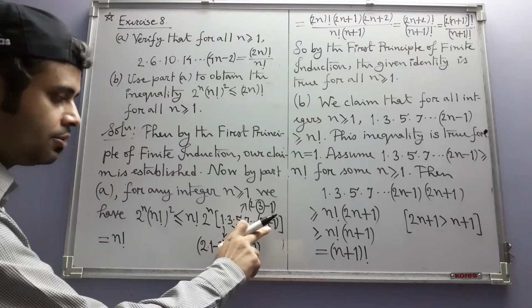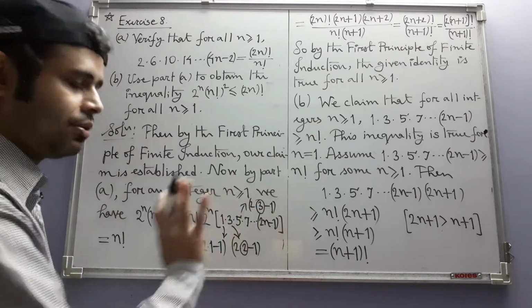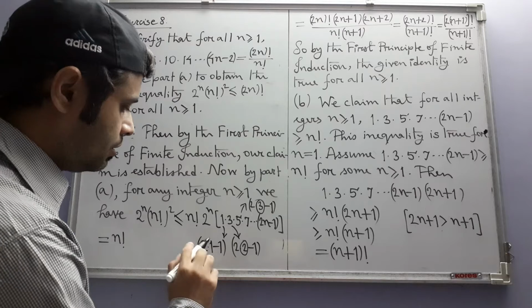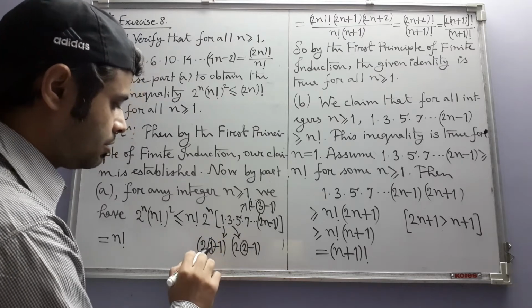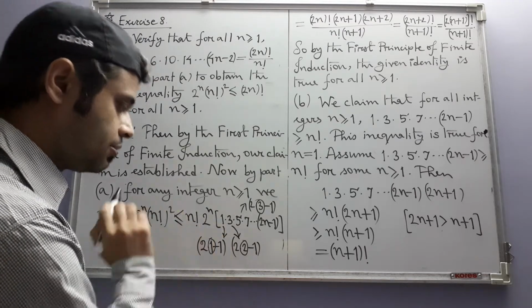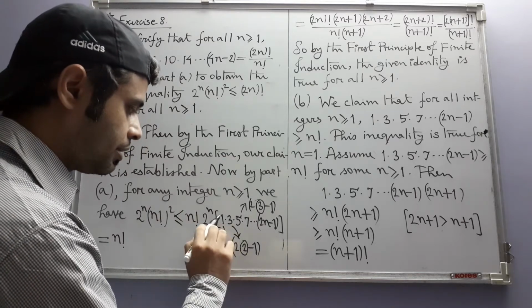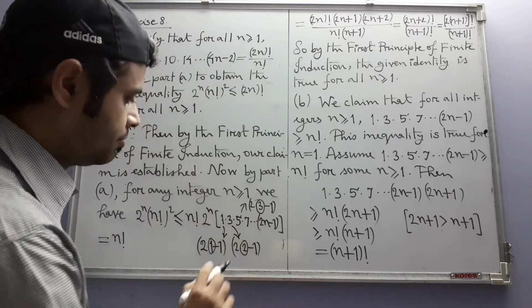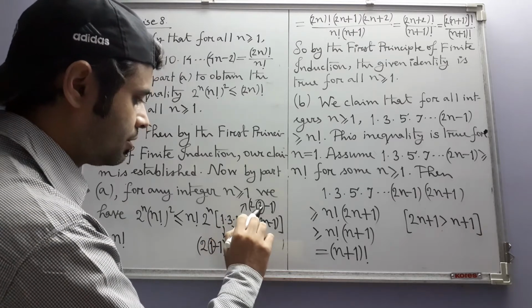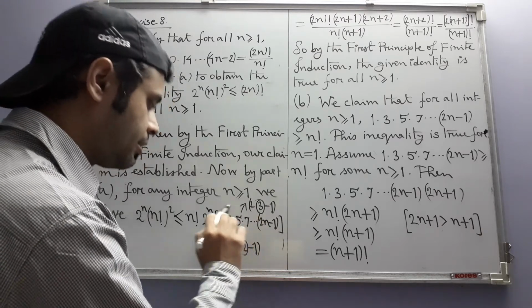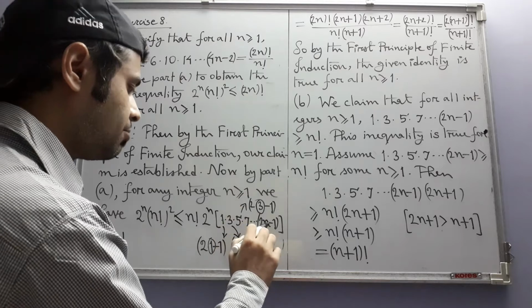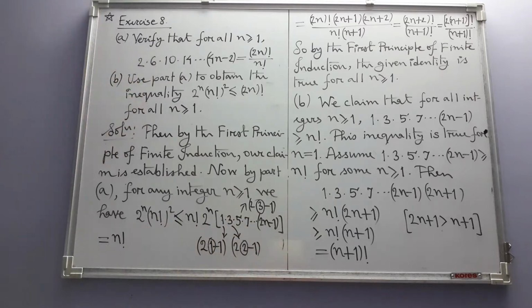So by the time you reach this, you will have n factors, because if you consider only this one, you have 1 here and there is only one factor. If you get to 3, you have 2 here, there are 2 factors, 1 and 3. If you get to 5, we have 3 here, and here also there are 3 factors. So when you get to this, there will be n factors.